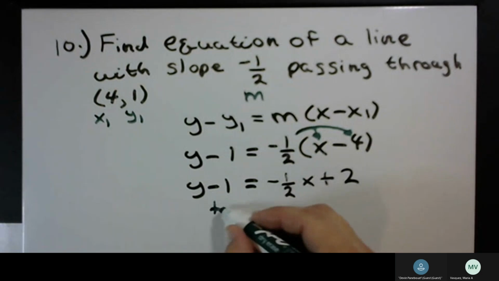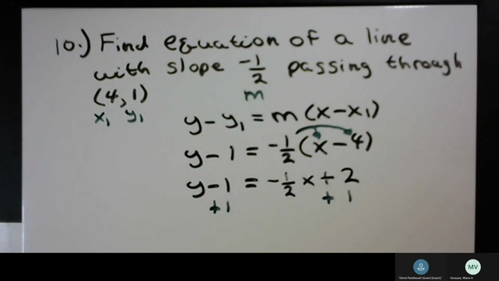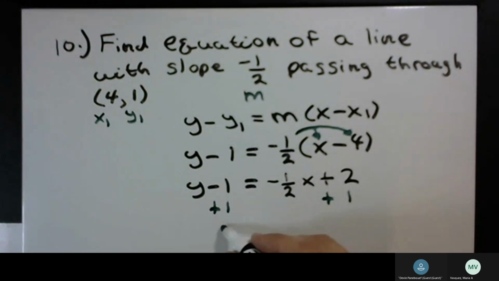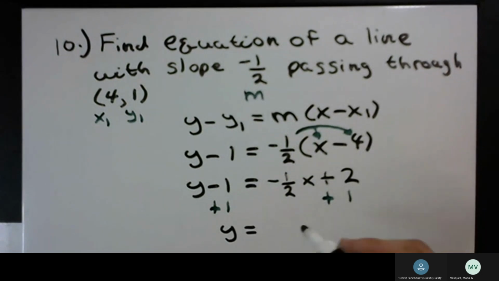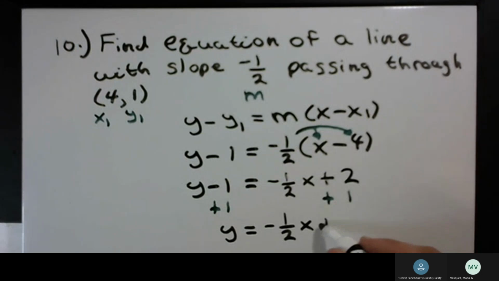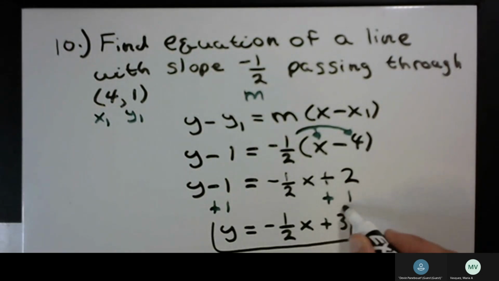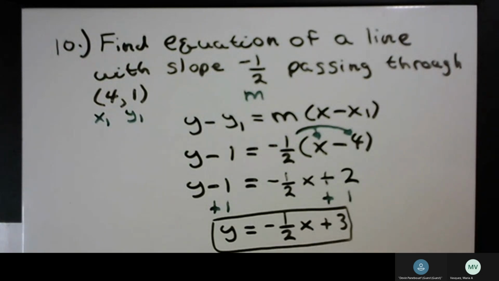And then finally, we want to put this in what's called y equals mx plus b form. We want to solve for y. So y is -1/2 x plus 3. And that's going to be our answer.